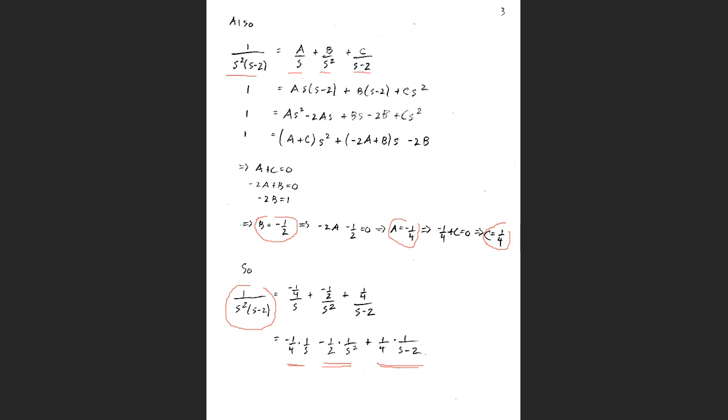All right. So now, if we go back here to our Laplace transform expression, this one right here, I'm going to replace these rational functions with my partial fraction expansions that I just found.